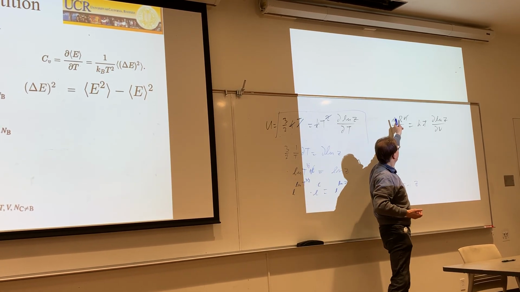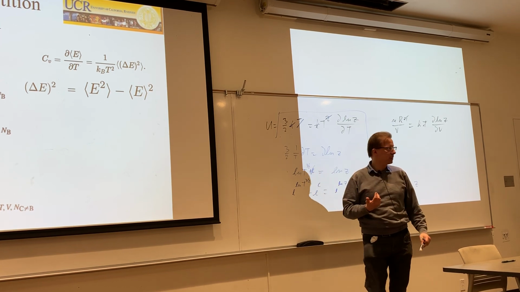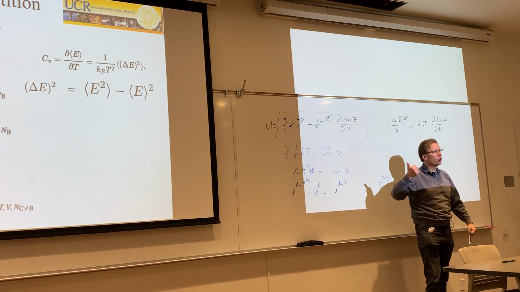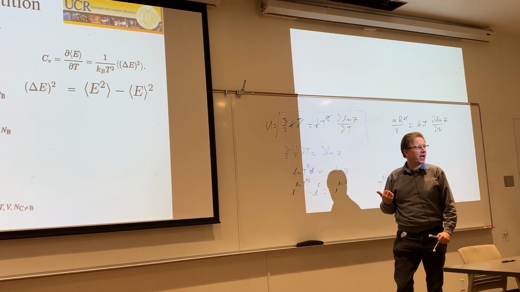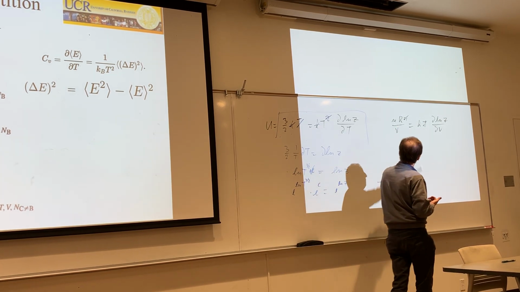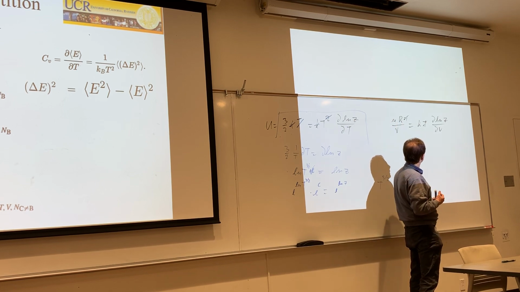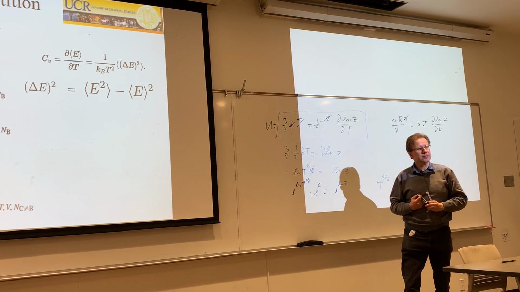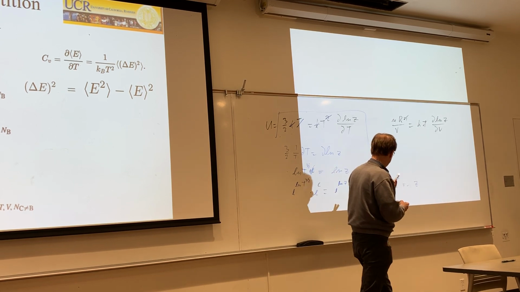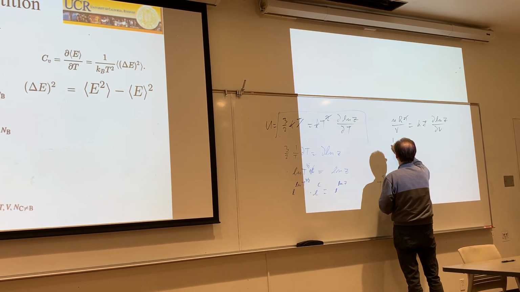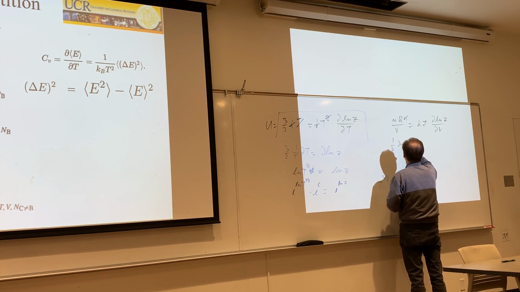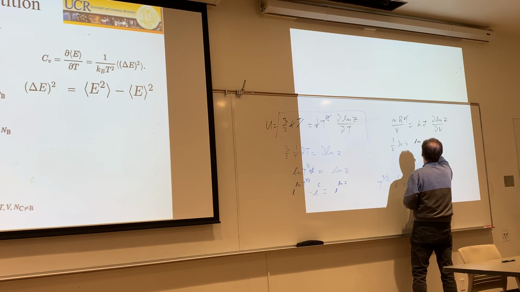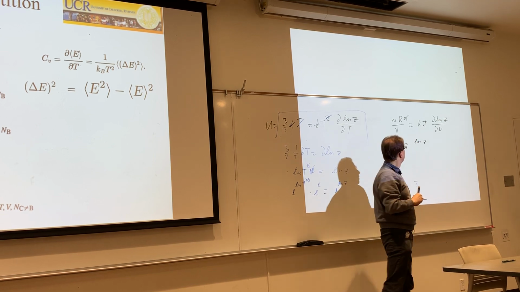So n times NA, how many total gas particles we have? Over here, we assumed the gas particles was only one, so n times NA needs to be 1. So this one here becomes k as well, and then k cancels over there. And then we are getting 1 over V equals d ln Z over dV.